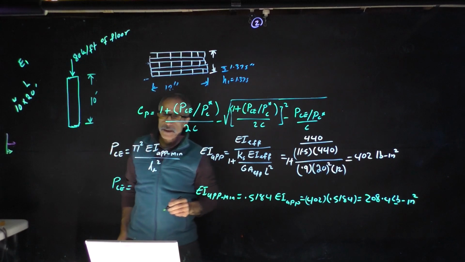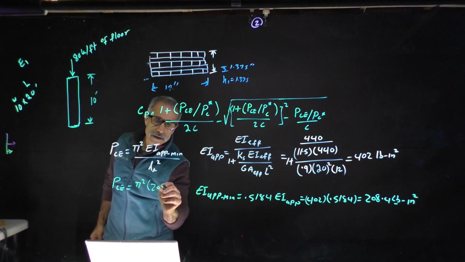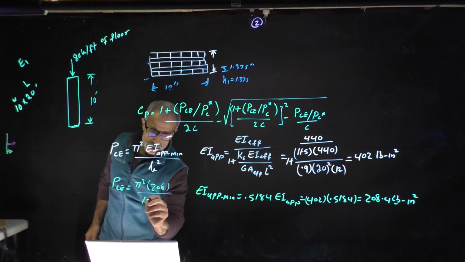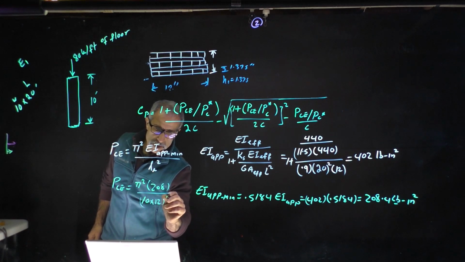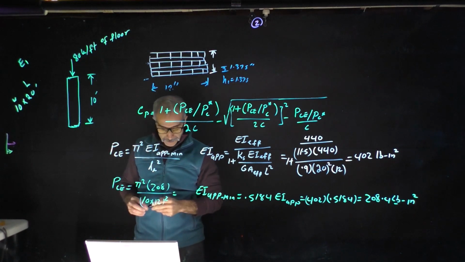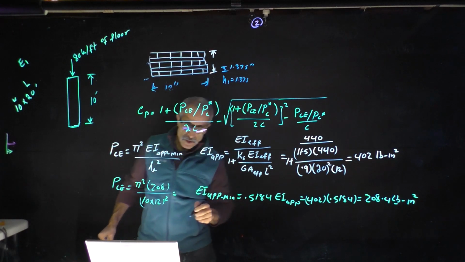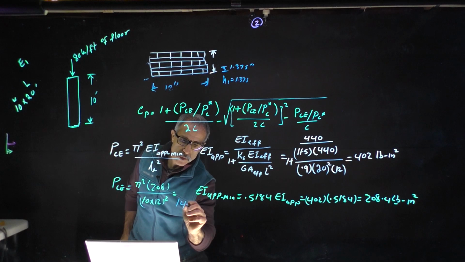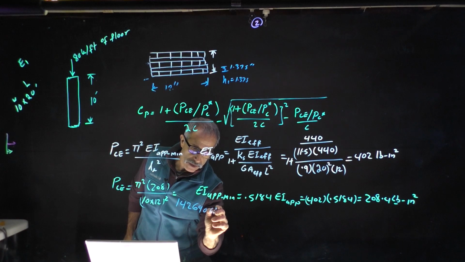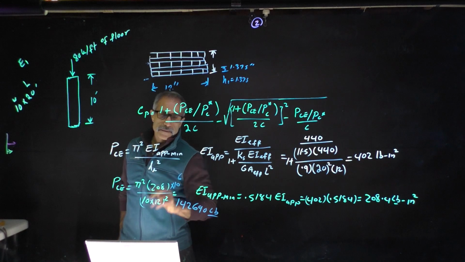Okay, and that comes out to pi squared times 208, divided by 120 squared, 10 times 12 squared, and remember this has got to be multiplied by 10 to the power 6, so that comes out to 104 pound. Make sure you multiply this by 10 to the power 6.